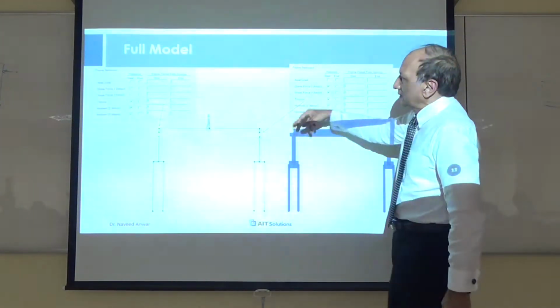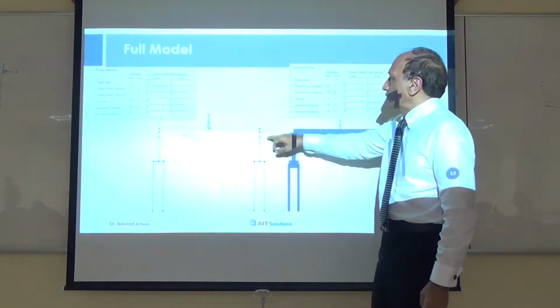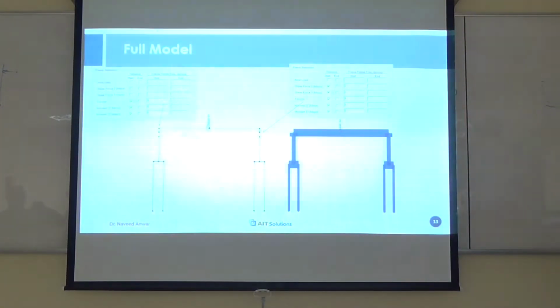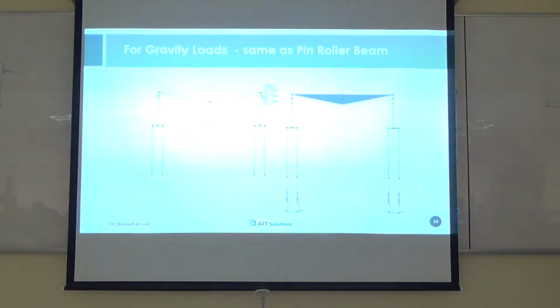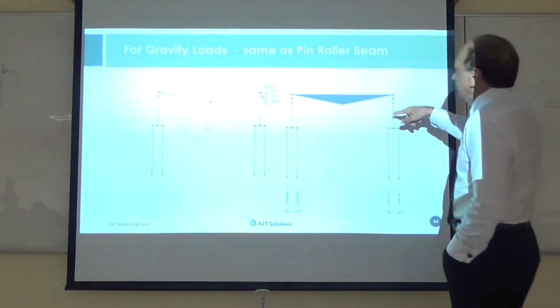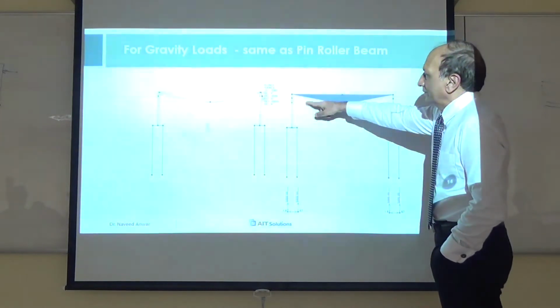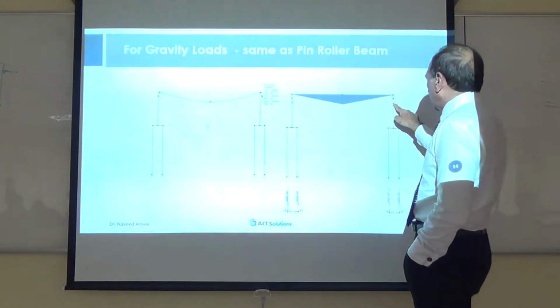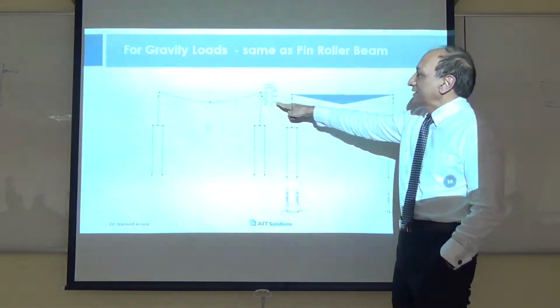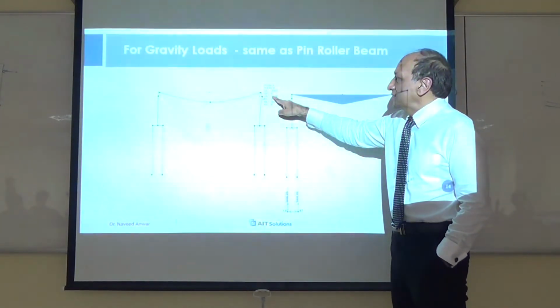And we release various things here, and then we try to create the model. And then you see that, okay, now for gravity loads, nearly the same as the pin roller condition will be obtained, and we get some movement, but now it's more accurate because it's not a real roller, so the displacement will be different.